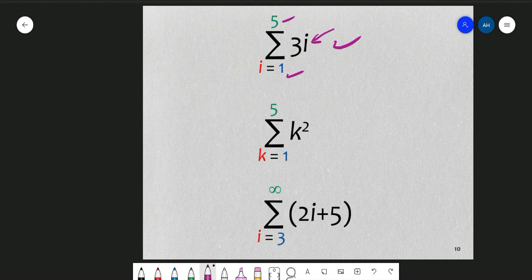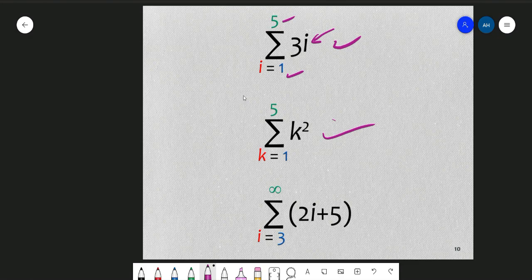But it is not compulsory to use i every time. Sometimes we can use other symbols also, for example k, perfectly correct. Like in this case here, we use the symbol k, and the formula is k squared, k starting from 1 up to 5. Is it okay? Yeah, it's just fine. No problem. We can use i, we can use k like this one.